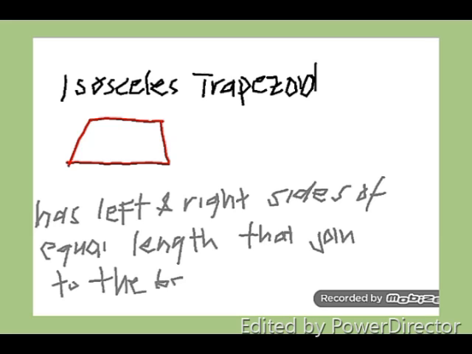Isosceles trapezoid has left and right sides of equal length that join to the base at equal angles.